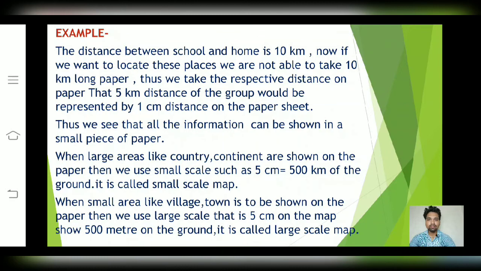Friends, 500 meters is not a big distance, but for our comfort, to locate any object on the paper in a distinct and visible manner, we use a large scale map. So if we use 5 centimeters equal to 500 meters, it means if we draw a 5 centimeter line on a paper, it will actually represent a 500 meter distance on the ground. This type of scaling is called a large scale map.